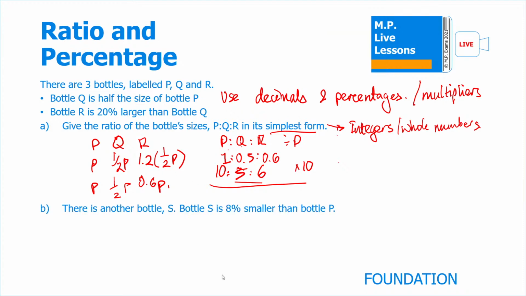Now let's say there's another bottle, S, and bottle S is 8% smaller than bottle P. Now give the ratio of the sizes of bottles P to S in the form n to 1. So n can just be any number, but this time it doesn't have to be an integer.